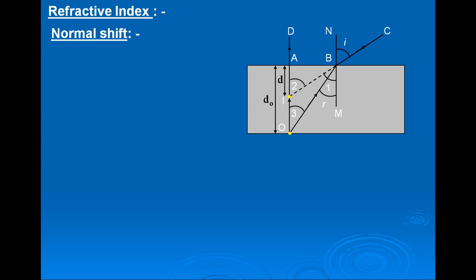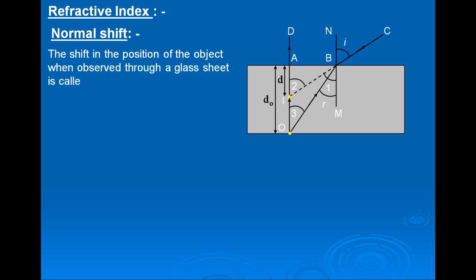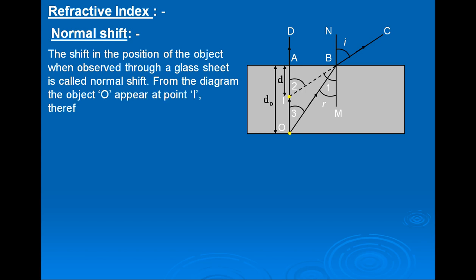Now, normal shift. The shift in position of the object when observed through a glass sheet is called normal shift. So from the diagram, the object O appears at point I. Therefore, the normal shift is OI, given by OI is equal to OA minus AI.